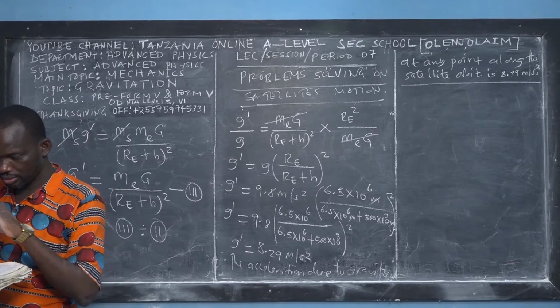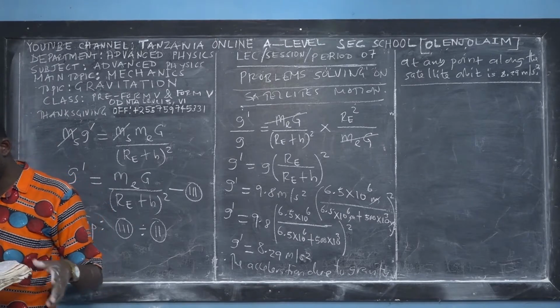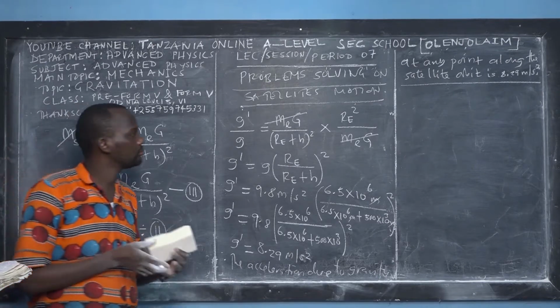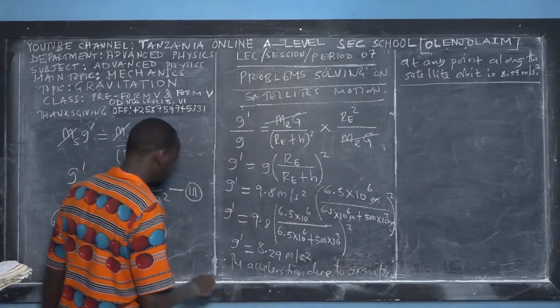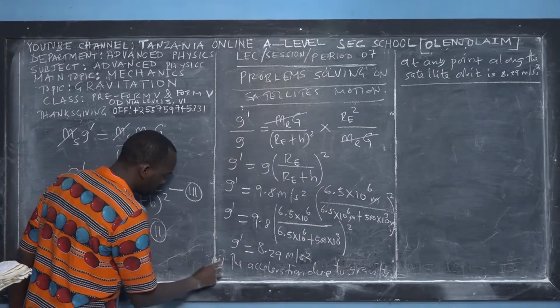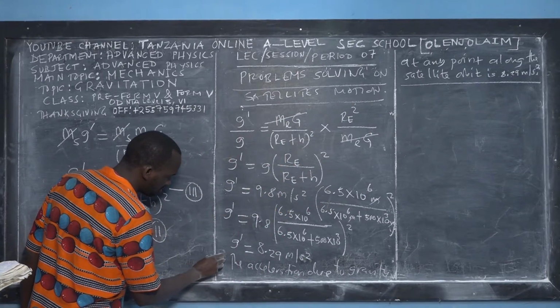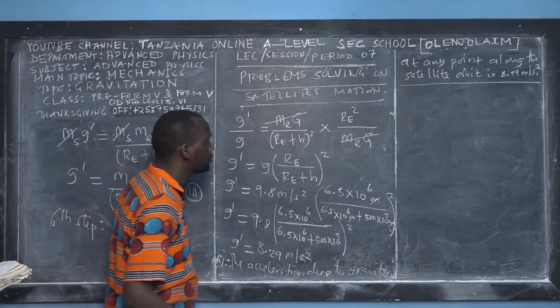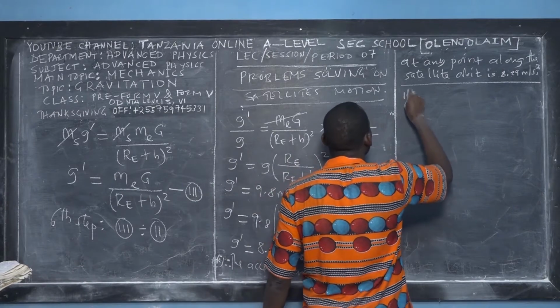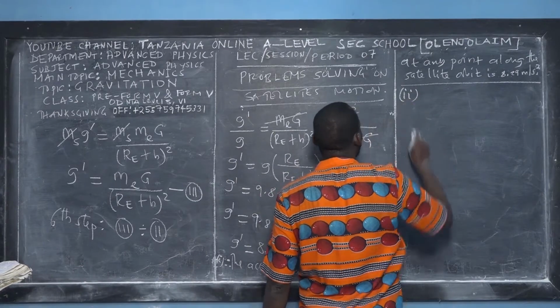Then part 2, I wanted to leave part 2 for you. Let me help you. Roman 2, so this is Roman 1, and this is Roman 2. Okay?